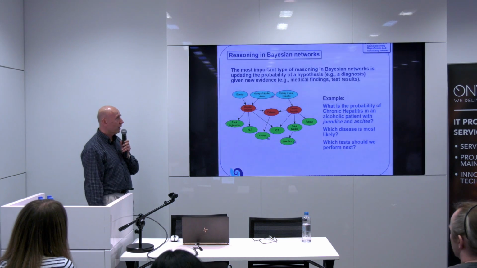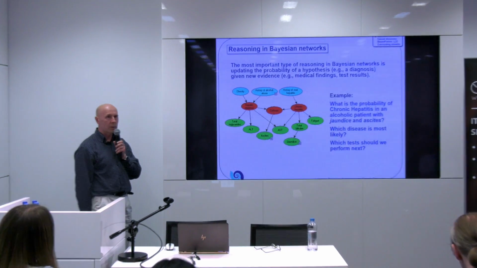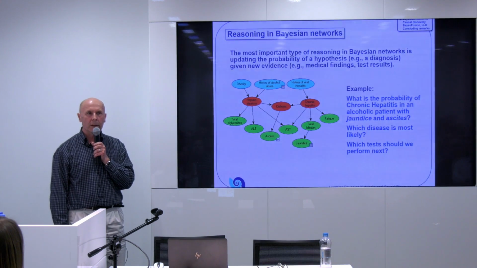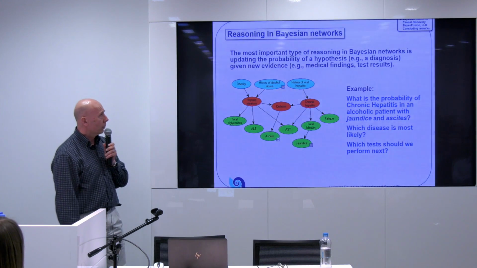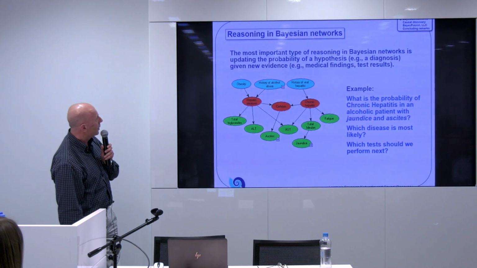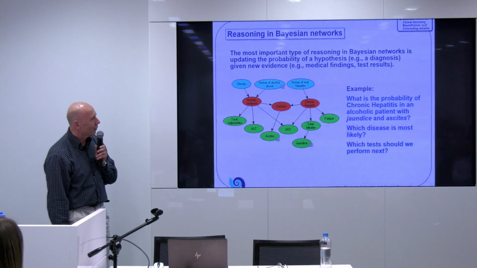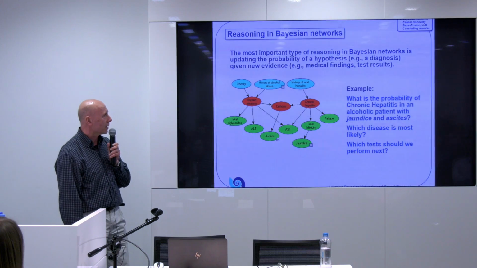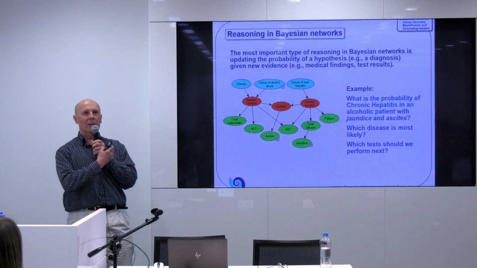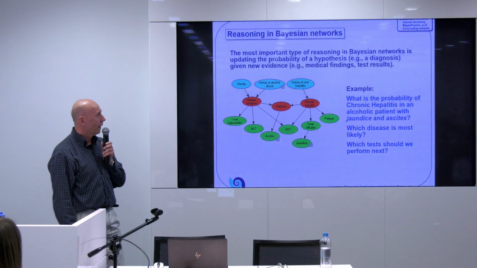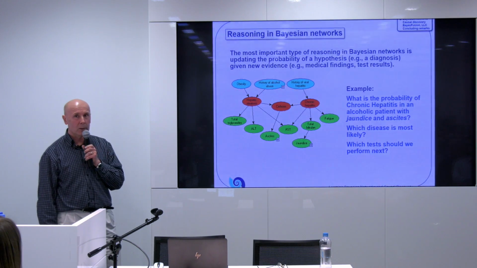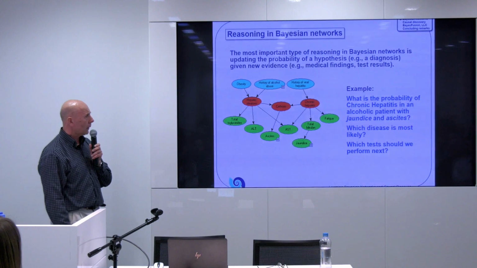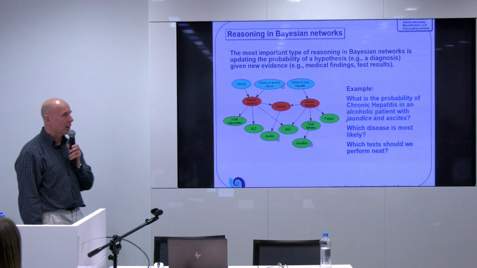But in practice, there are questions like, for this network, which is a very simple network involving a few variables from the domain of hepatitis, you can ask, what is the probability of hepatitis in an alcoholic patient with jaundice and ascites? Ascites are small things you can see on your skin. You can ask the question, which disease is the most likely, or which tests should we perform? I'll show you these kinds of queries live.